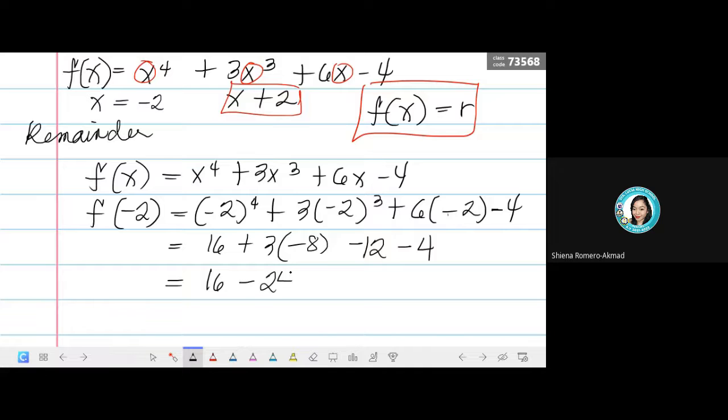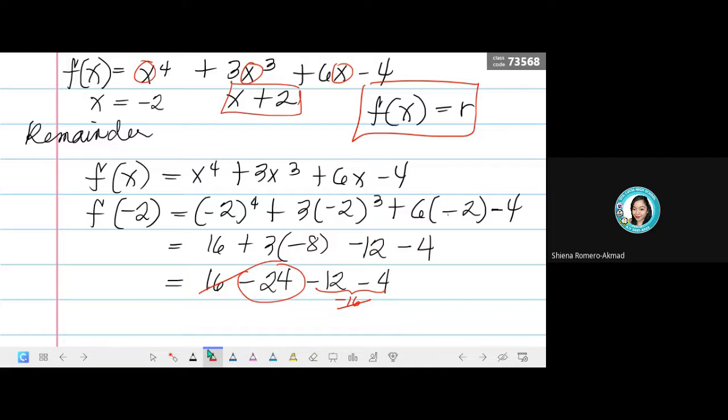Negative 24. Minus 12 minus 4. So, mag-combine na tayo. Unahin muna natin yung mga negative. Negative 12 minus 4 is negative 16. So, kung negative 16 yung dalawang yan, pwede na natin i-cancel sa 16 at saka sa negative 16.